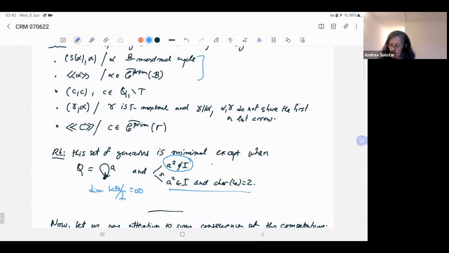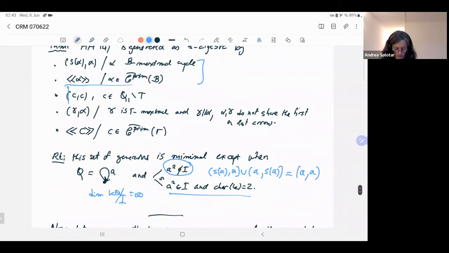Because if you take the cap product of the source of A, which is the only vertex parallel to A, with A parallel to the source of A, what you obtain is the pair A parallel to A, which is also listed here. And of course, it is in the complement of a maximal tree. So if we exclude this case, then the set is going to be minimal.